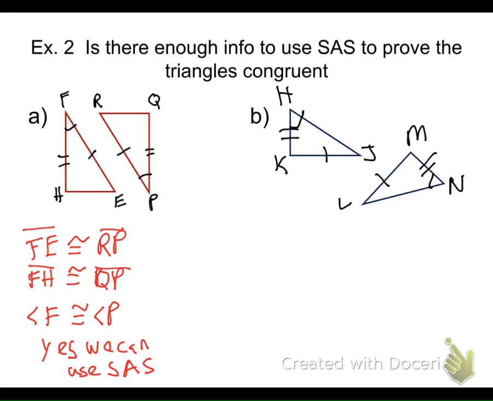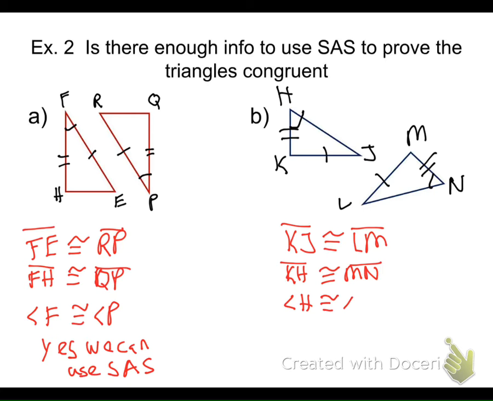Okay, for B, we see that we have segment KJ is congruent to which one? Yep, LM or ML. We have segment KH. It's congruent to? Exactly right. And we have angle H is congruent to? Angle N. So it's the other one with just the one arc.